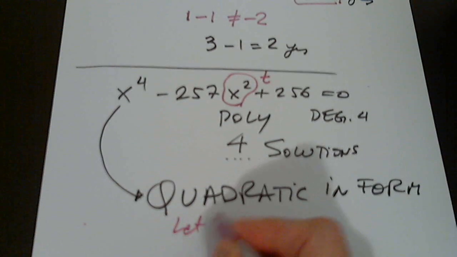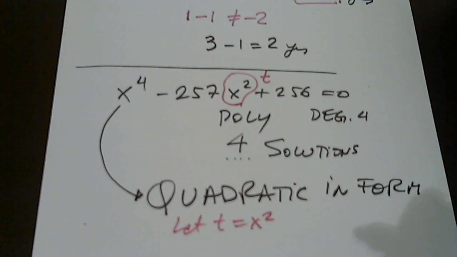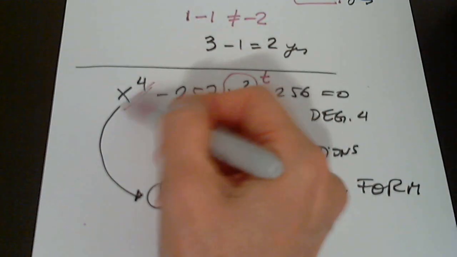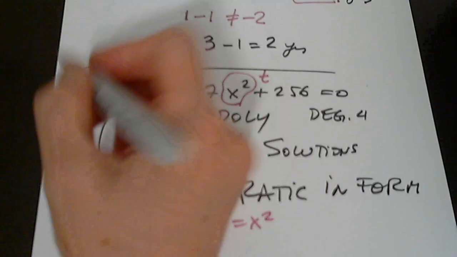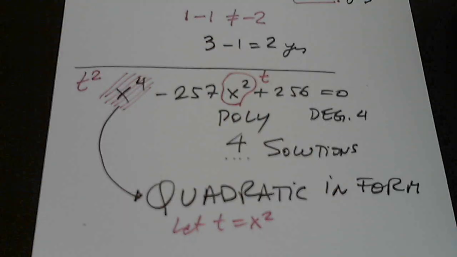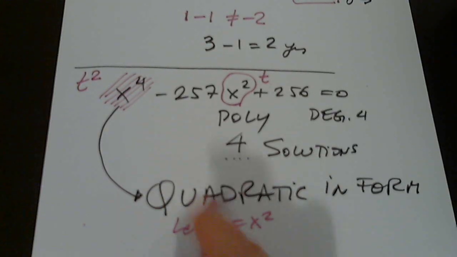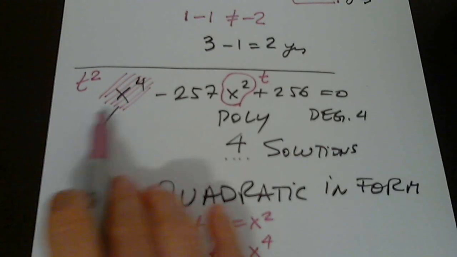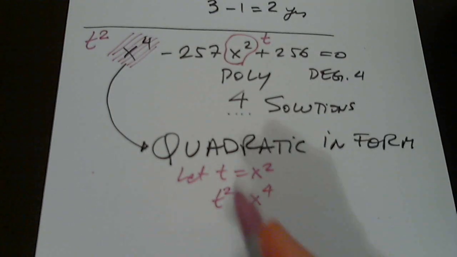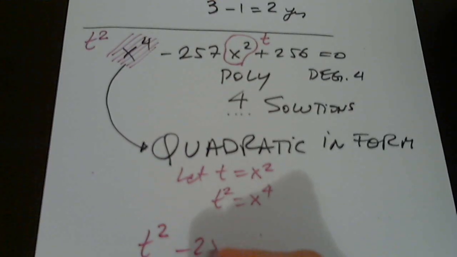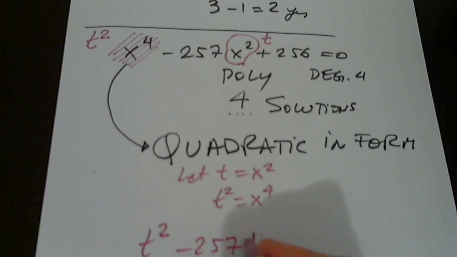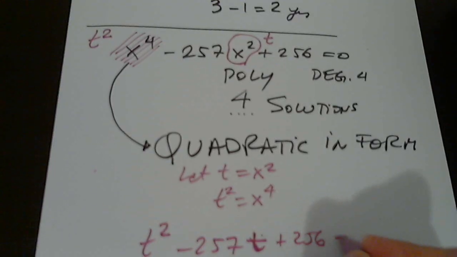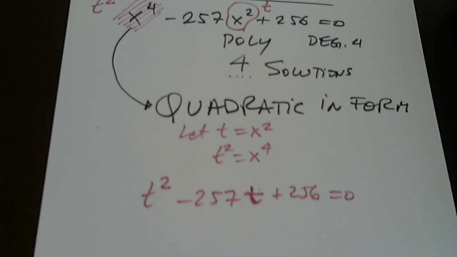So I'm going to say let t be x squared. I know that this piece can be replaced by t squared. How come? Because when I square both sides, I get t squared equals x to the 4th. That's how I know that this polynomial can be replaced by t squared minus 257t plus 256 equals 0.